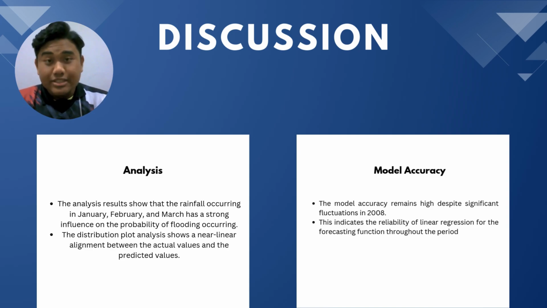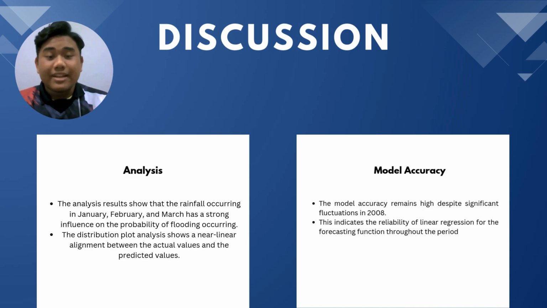The distribution plot analysis shows an alignment between the actual values and the predicted values. From the result, we can see that we get an accuracy of 100%. This means that the predicted value will be the same as the actual value.